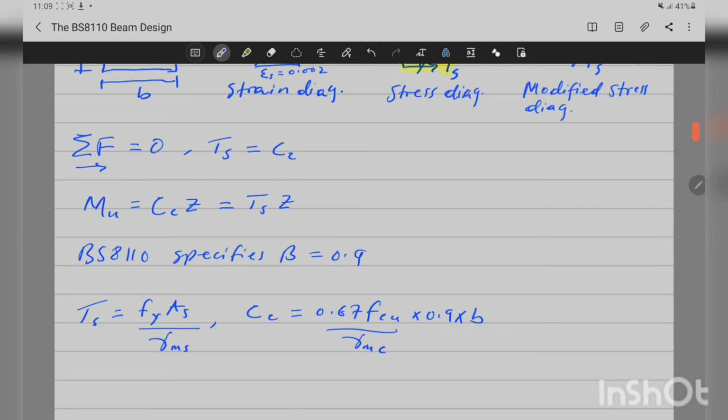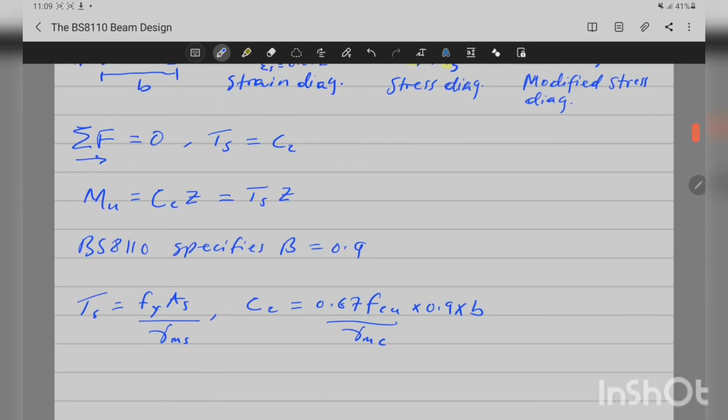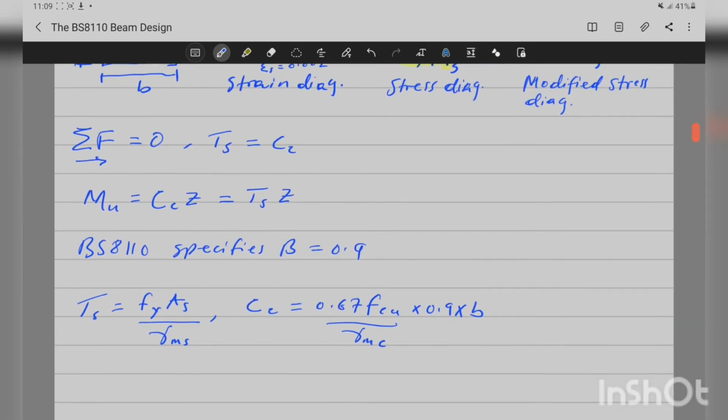So this portion here, 0.9x times b, is the area of this stress block, and this portion here is the stress. So this is the stress in the block, in the beam section. Force is equal to stress times area.